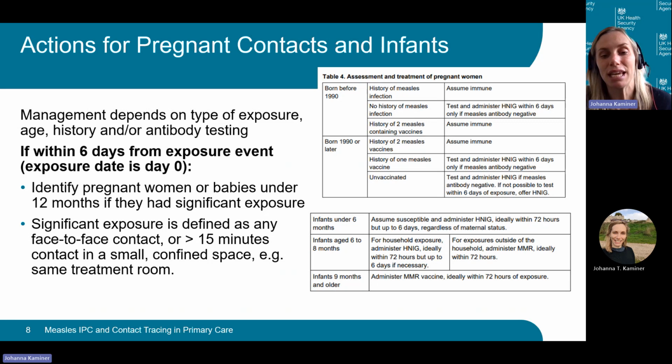The rationale for providing HNIG is to attenuate rather than to prevent disease. HNIG can be sourced from the Rabies and Immunoglobulin Service at UKHSA Colindale and from a small number of stockholders across the country, the list of which is available.